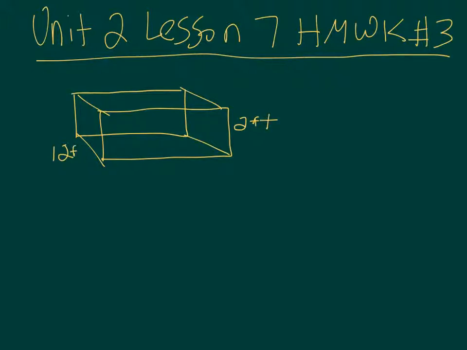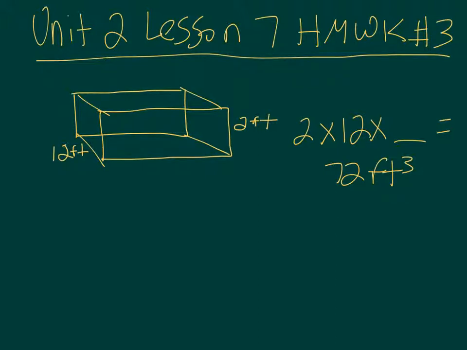So now we know the height, and now we know the width. So we know the height, 2. We know the width, 12. But we do not know the length, and we know that the total volume is 72 feet cubed.